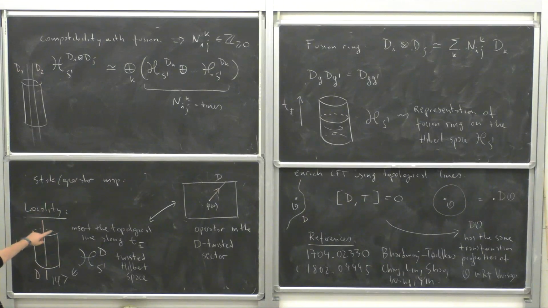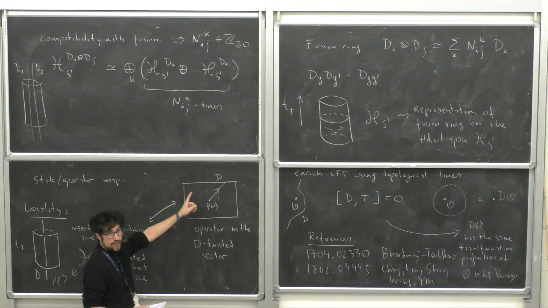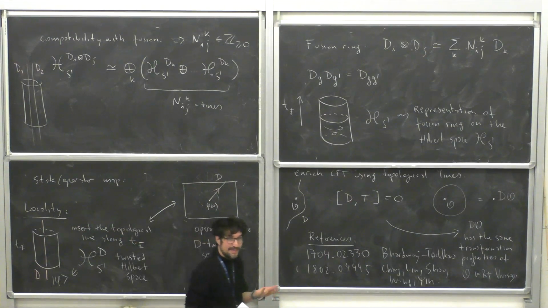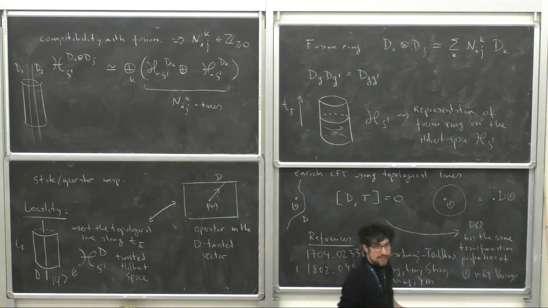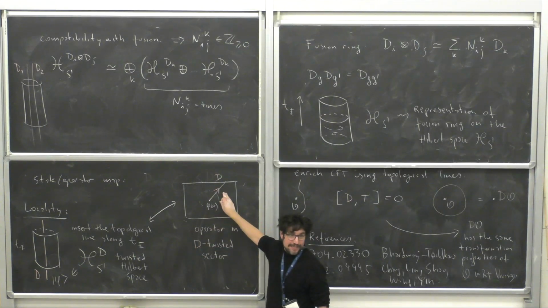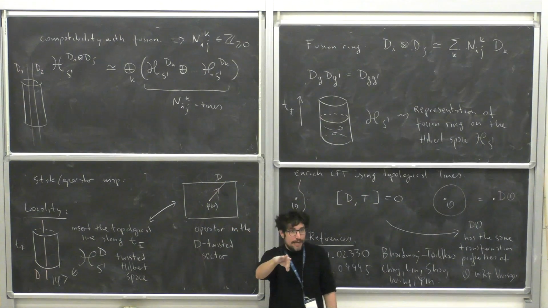But of course, yes, you need to keep track of the twisted sector if you want to gauge the symmetry D. But the twisted sector exists anyways. No? It's just that when you gauge D, this line becomes transparent because you have gauged it, so it doesn't act on anything. And you end up with some operator which is just an ordinary operator.